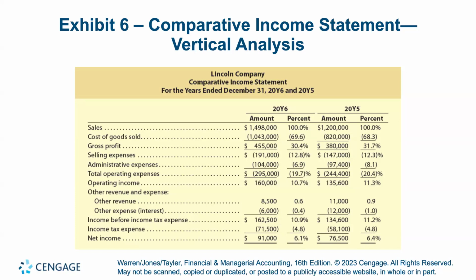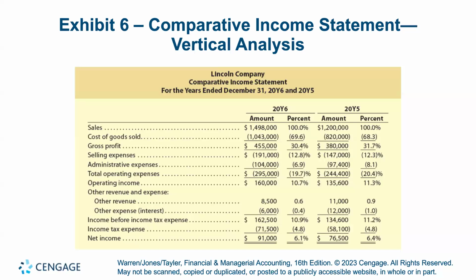The question is, did they go up to where they're the same percentage of sales? No, it actually went up a little bit more. That gives us a question. Why? Did our suppliers raise their prices? Does the cost of shipping stuff get more expensive? What's leading to our cost of goods sold growing at a faster rate than what the sales is growing at?